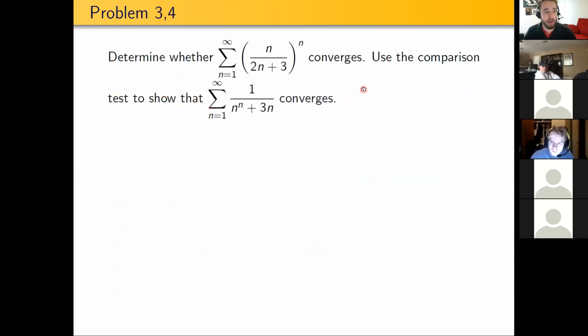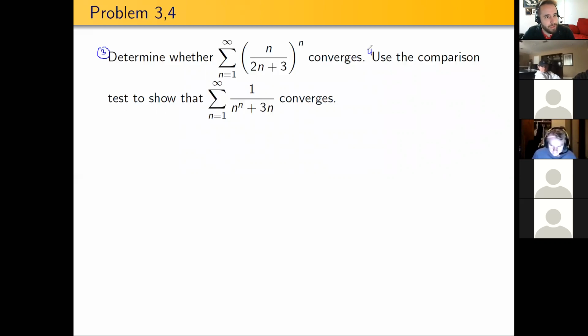So let's see an example of the root test. Oh, look at this. I'm so sorry. I make these slides out of the activity sheet. It looks like I forgot to make some separation before problem 3 and problem 4 here. So this is problem 3, determine whether or not that converges.